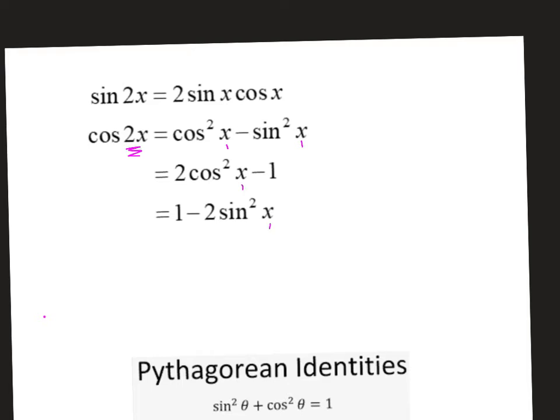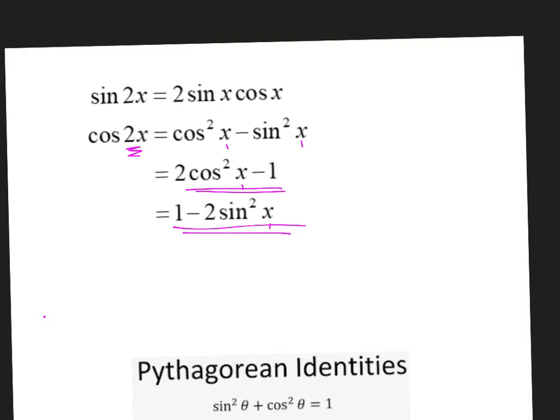Now the question arises, how do I know which of these 3 formulas I should use as a substitution? And the answer there is, I don't know. You might want it to be in terms of sine. In that case, use this one. You may want it to be in terms of cosine. In that case, use this one.